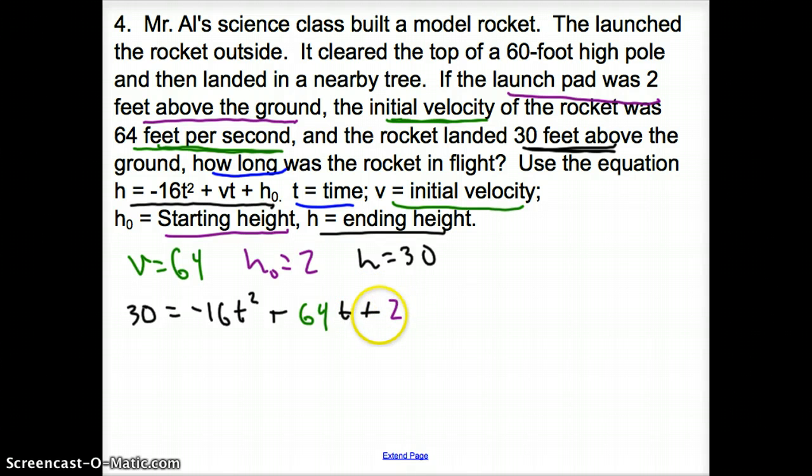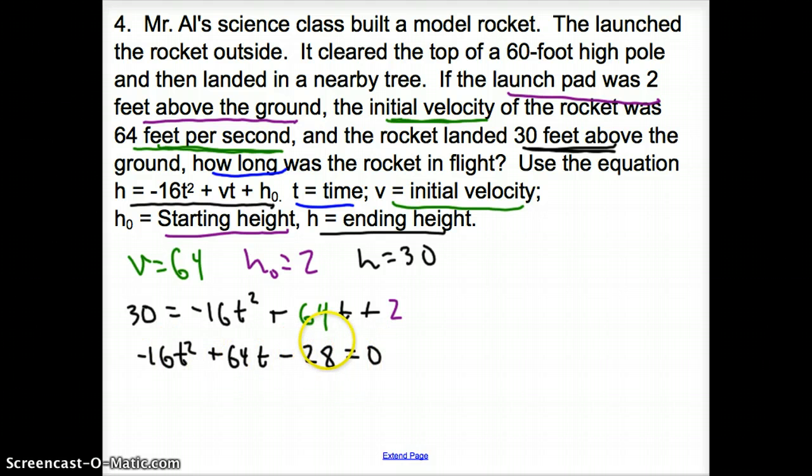Now again, we put everything in, so now it just turns into a problem that we did this whole video. First thing I have to do, get this equal to 0. So I'm going to subtract the 30 over to the other side to get negative 16t squared plus 64t minus 28, equal to 0.